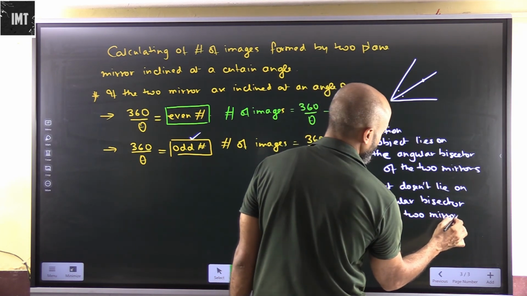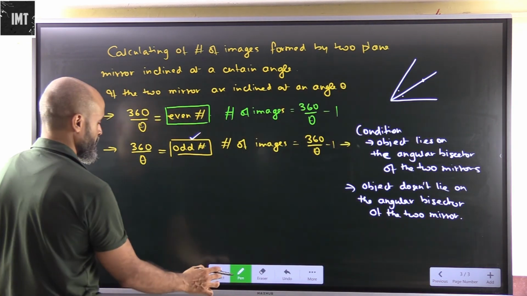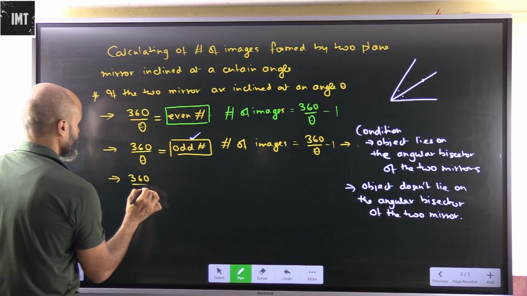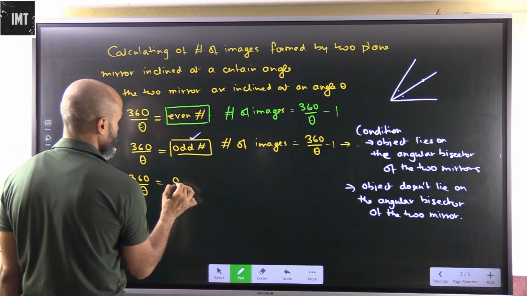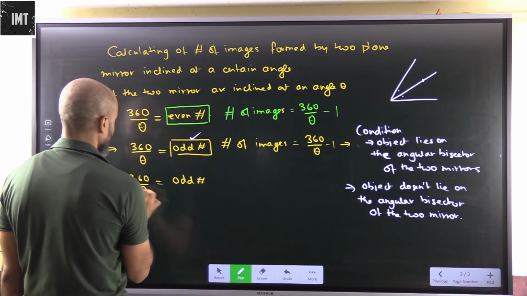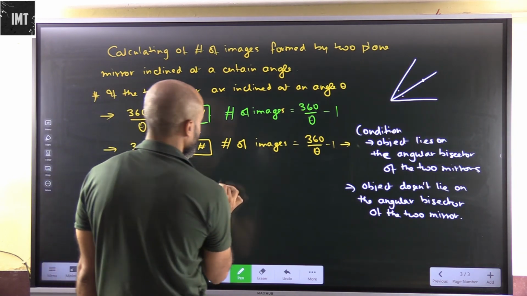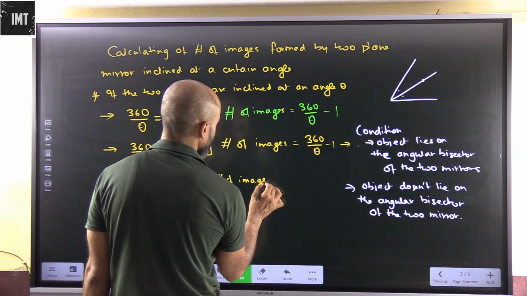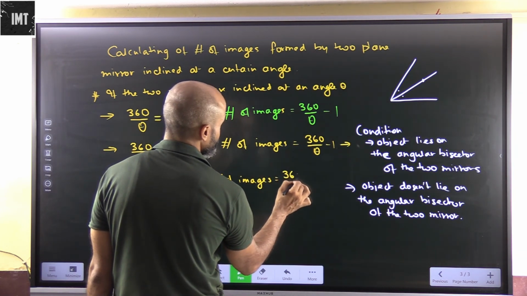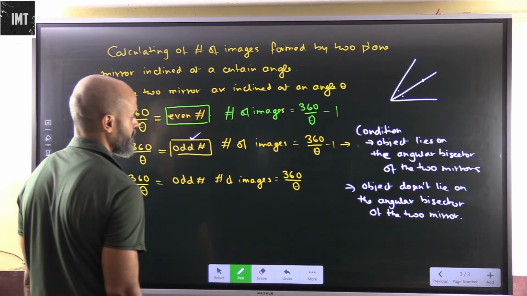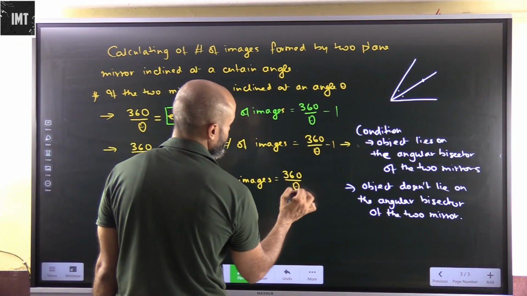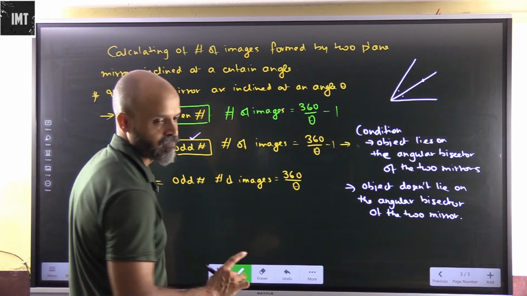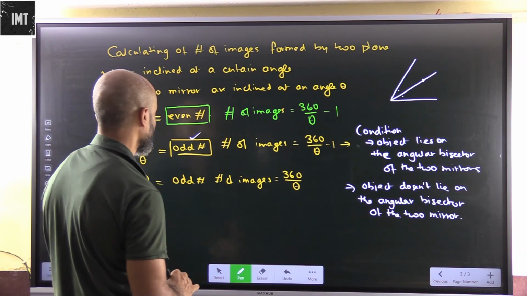If the object doesn't lie on the angular bisector, then if 360 by theta happens to be an odd number, the number of images will be equal to 360 by theta.